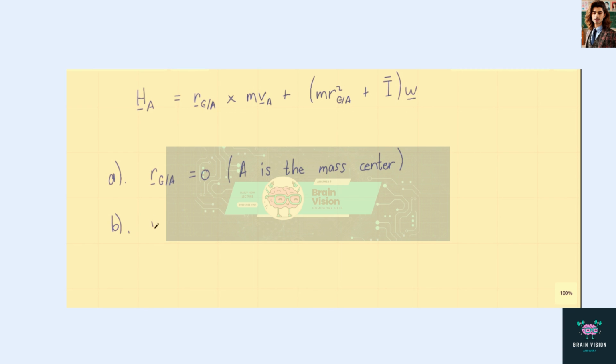Or B, for the cross product to be 0, V_A can be 0, which means that A is the instantaneous center of rotation.